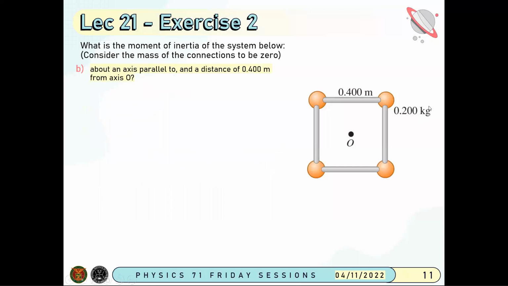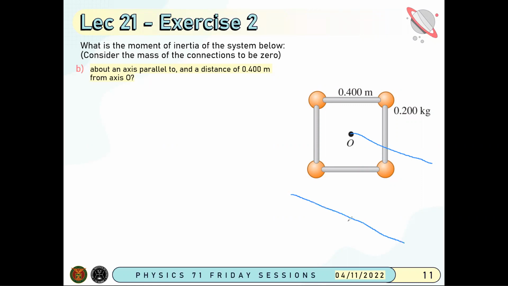Okay? Next, how about an axis parallel to and a distance of 0.4 meters from axis O? Okay. So again, we have axis O out of the page, right? Out of the screen. But we will move it about an axis parallel to that axis.